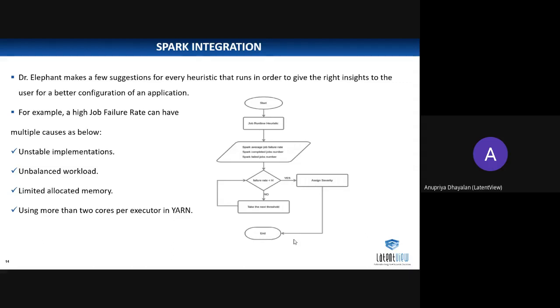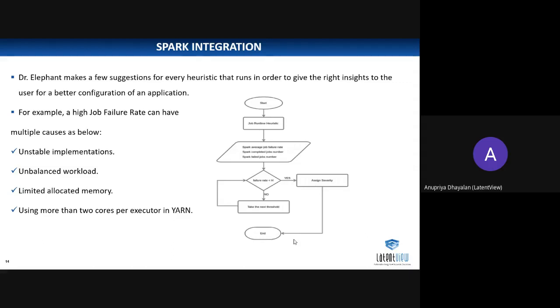Say, for example, we have a job heuristic for the runtime of an application ID, and it provides the memory usage, the reason for failure of the job, how many tasks were launched and how many tasks were successfully completed. This information is gathered from the logs collected from the metrics.